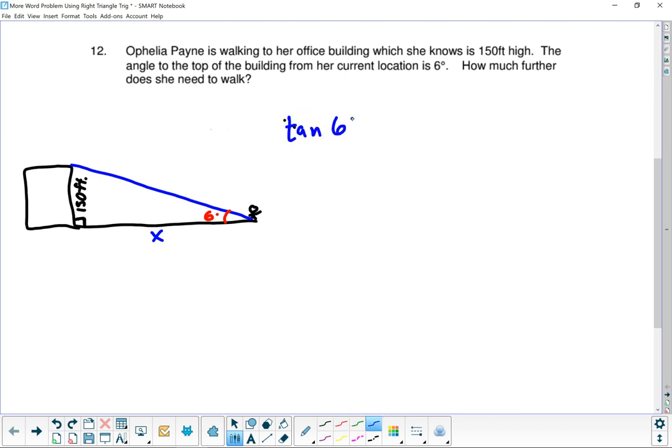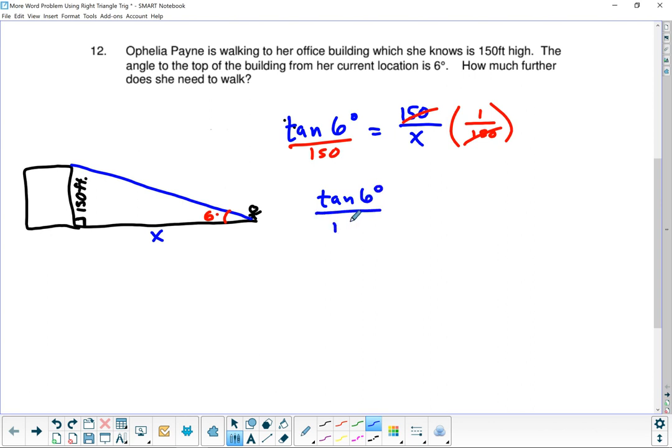Tangent of 6 degrees equals the opposite, 150 feet, over the unknown, which is x. I'm going to solve this by multiplying by 1 over 150. These cancel, and you have tangent 6 degrees over 150 equals 1 over x.